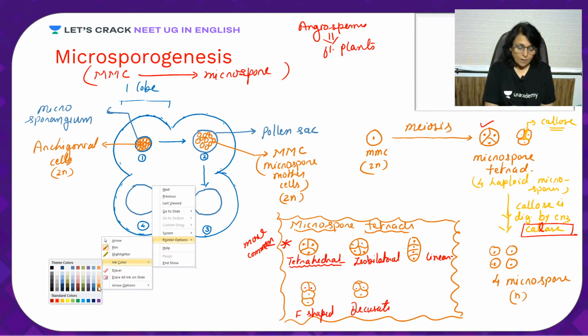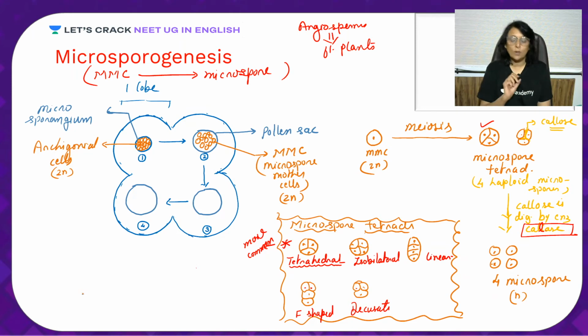Now, what would you see in the third stage? Here what has taken place is meiosis in the microspore mother cell, and now the pollen sac has become even bigger, and here we are seeing those microspore tetrads.